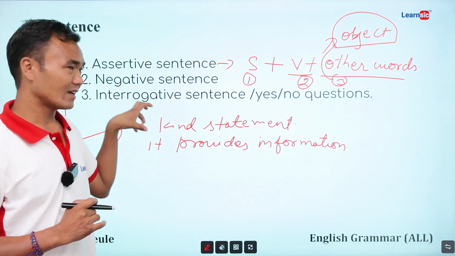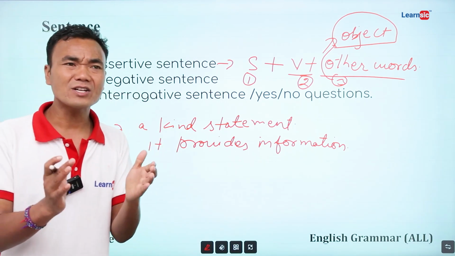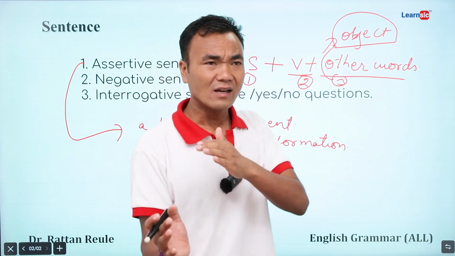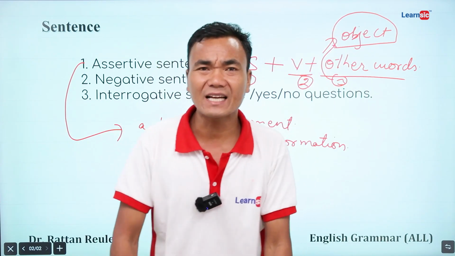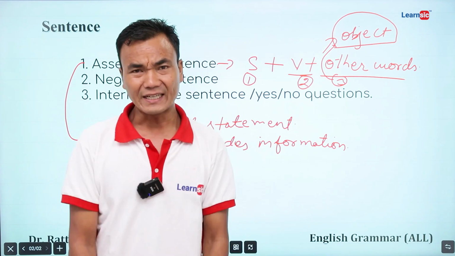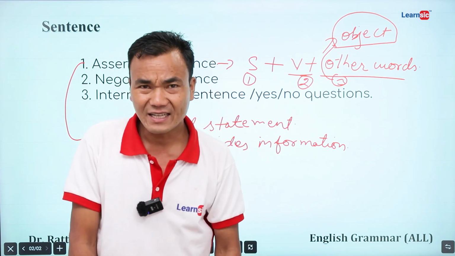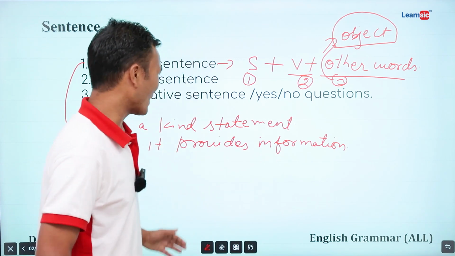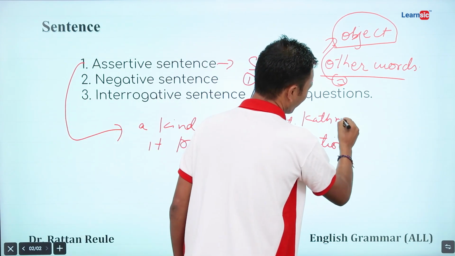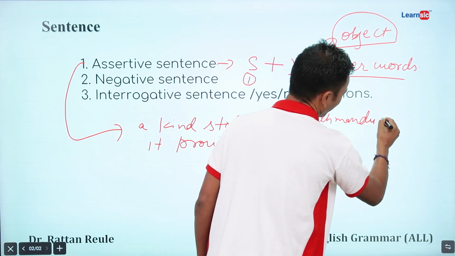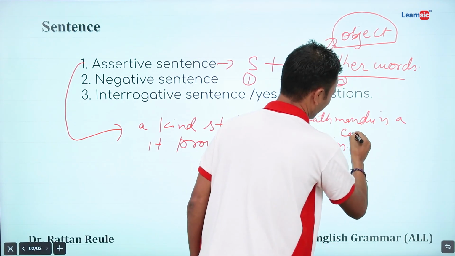What is the role, what is the function, what does an assertive sentence do? Basically it informs us, it tells us; it is a kind of statement. For example, why is it a statement? If I write here, Kathmandu is a capital, right?